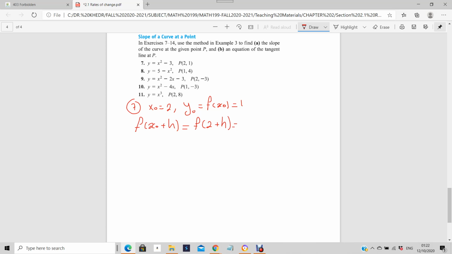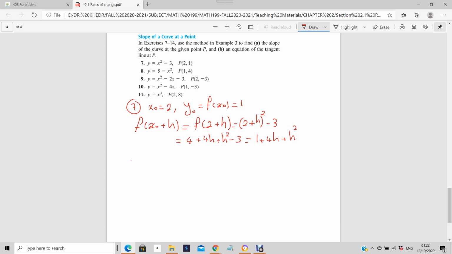So we will have 2 plus h squared minus 3. You need to expand this. When you expand it, it becomes 4 plus 4h plus h squared minus 3. And then 4 minus 3 is 1, plus 4h plus h squared.